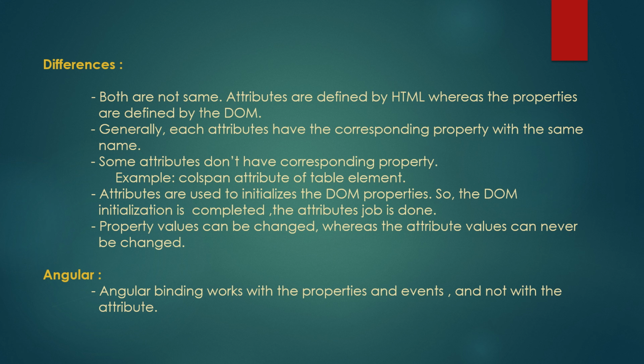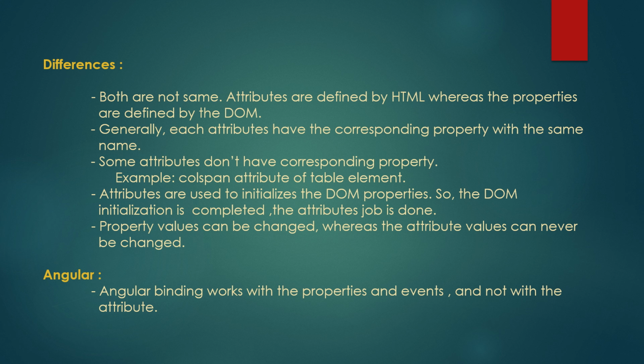In the case of Angular, we should understand this difference to understand data binding in a better way. Whenever we use data binding or change some values on the web page, that means we are changing the properties of the DOM.